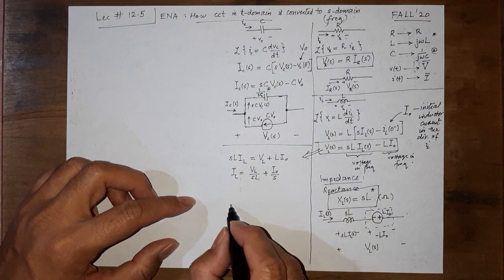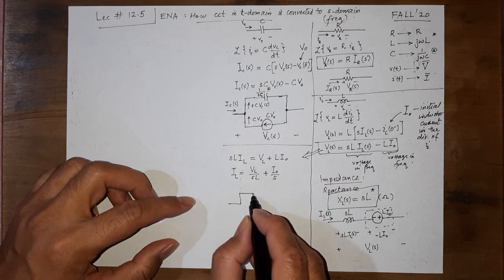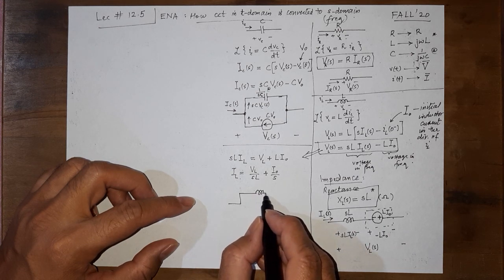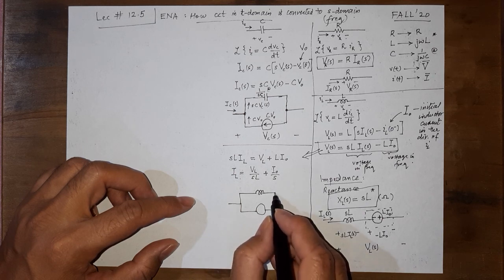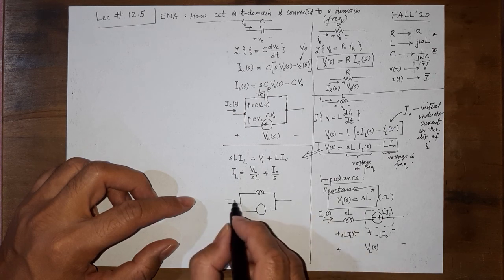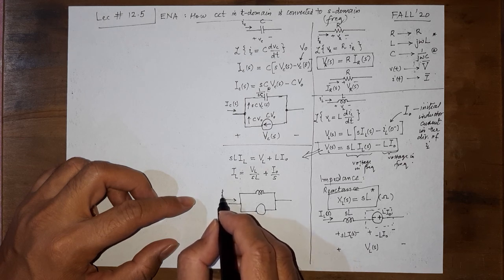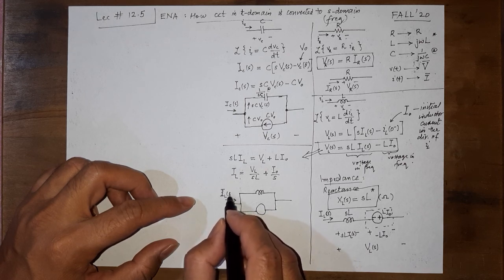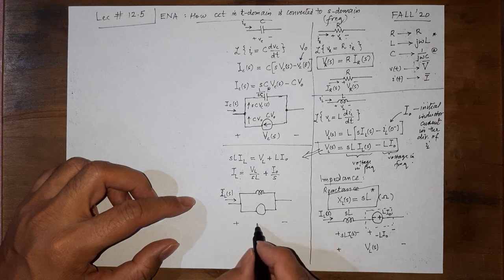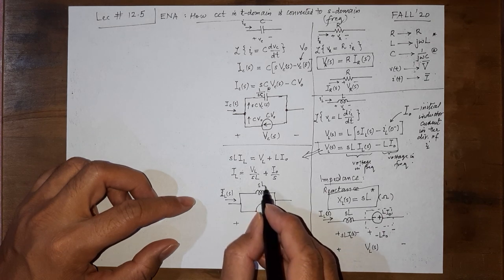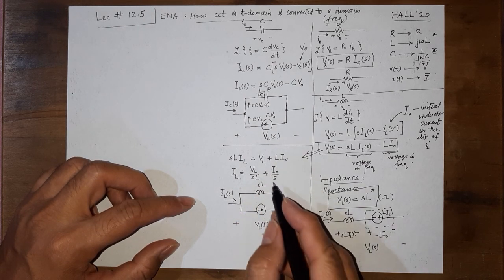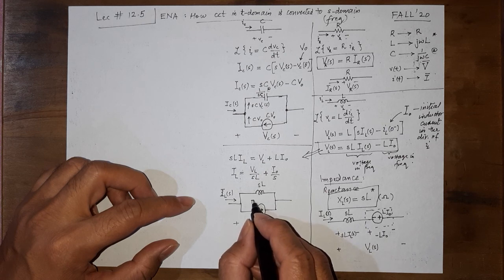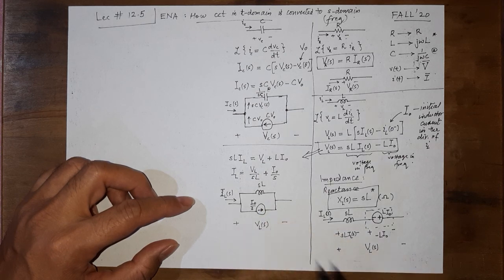So this means an inductor can also be drawn like this with an inductor and a parallel current source. So the current that goes in is capital IL of S. The voltage across this whole thing is VL of S. This is still SL, but this current source has this direction because of this positive sign, and its value is I naught over S.